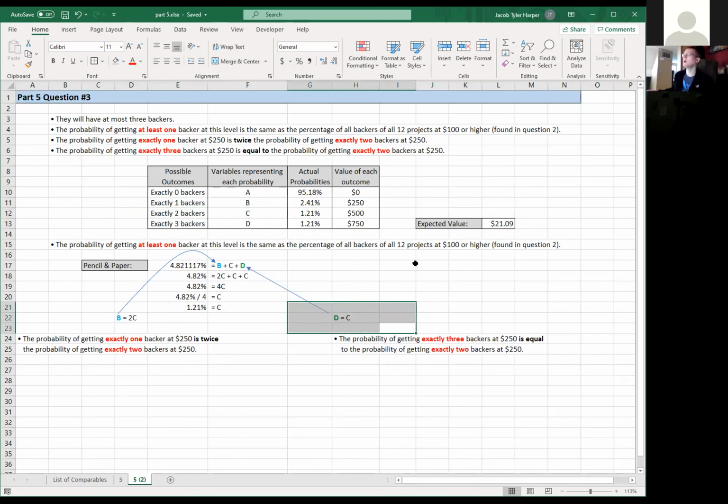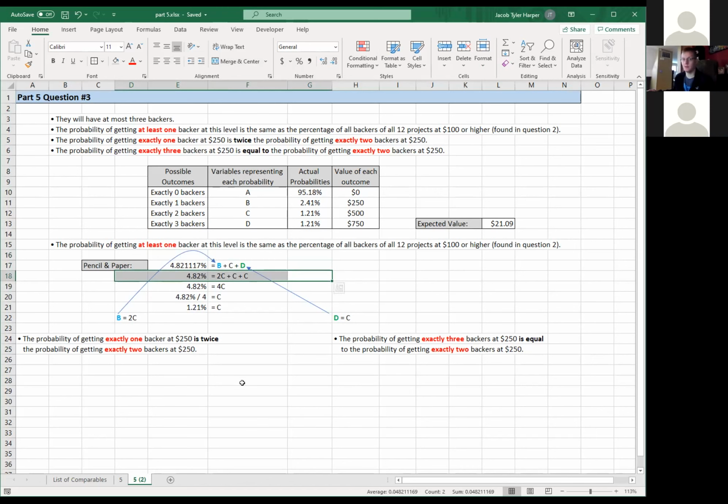Now, essentially what you can do is use substitution to solve this equation here, which currently has 3 variables. And you can say, oh, I can replace B with this second equation, and I can replace D with this third equation. And now it looks like that. This 4.82 that we got in the second question is equal to 2C plus C plus C, which essentially means there's 4 of those C's over on the right.